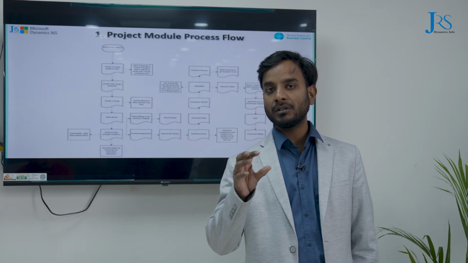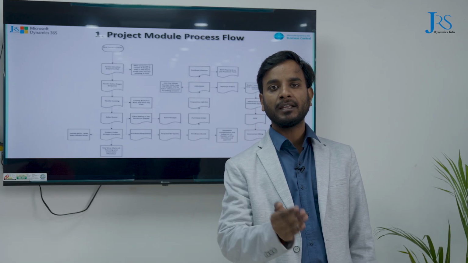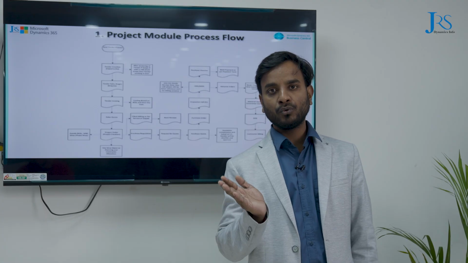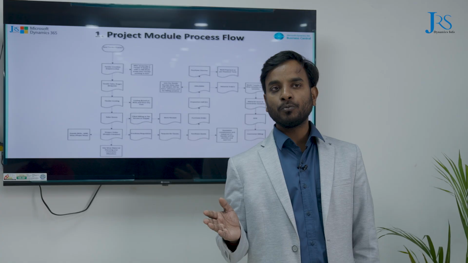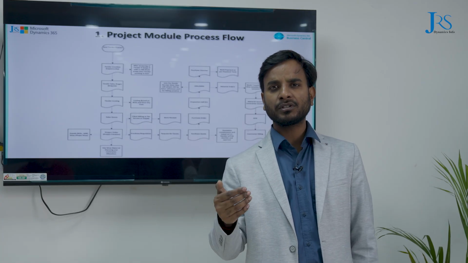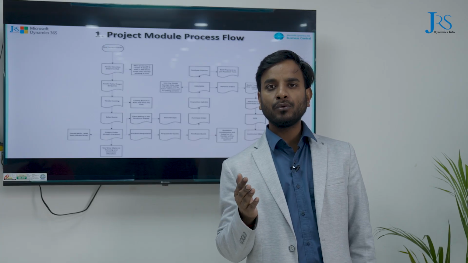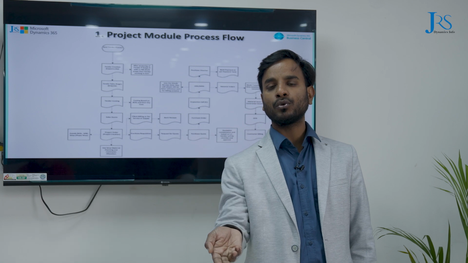Once we supply the material, we perform the billing, then we do the service and bill for the service. So before receiving the supply from another vendor, we have to do the quality check of that material on the vendor side also.